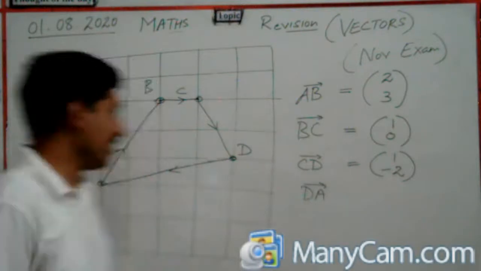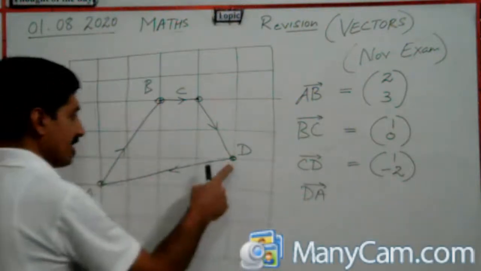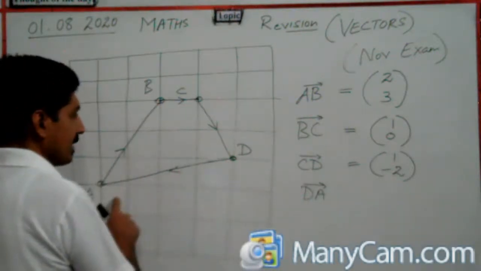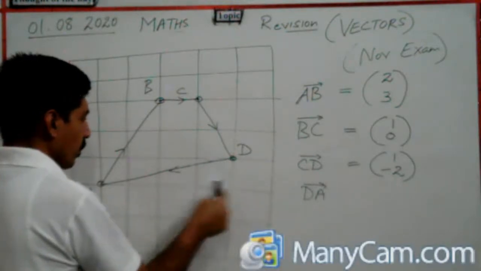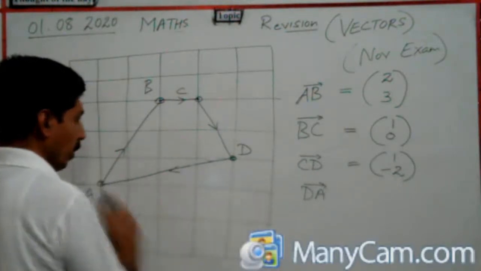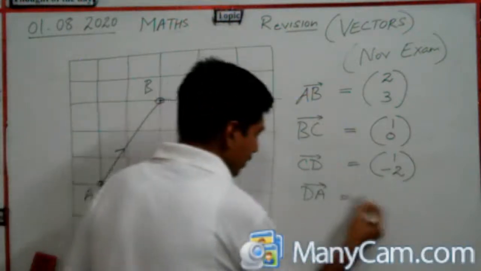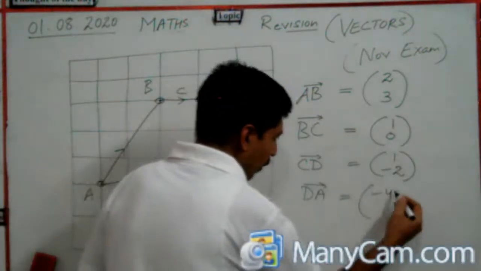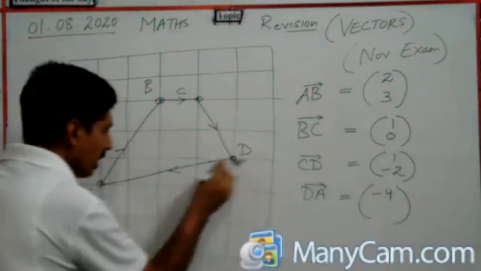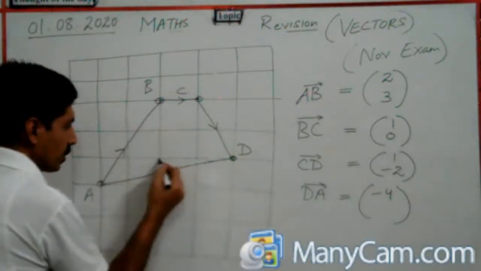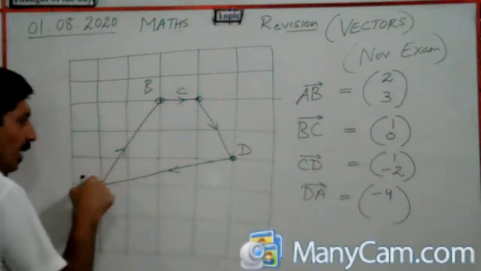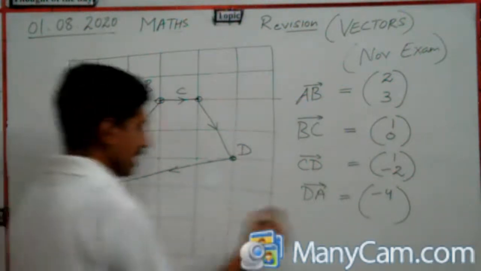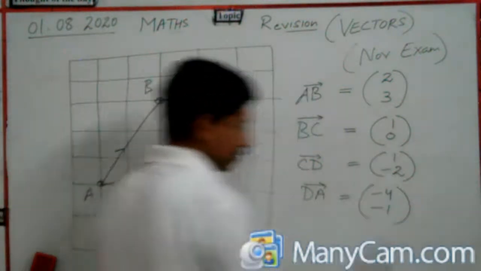In the same way, we have B to A. How many units? 1, 2, 3, 4. So we have minus 4, and along the y-axis that is again minus 1.